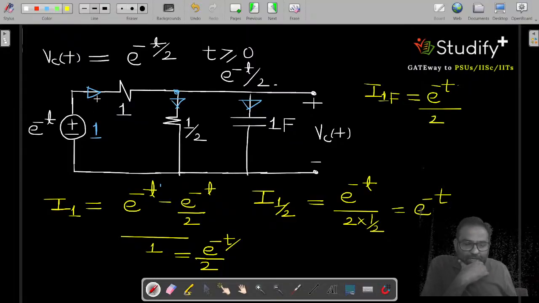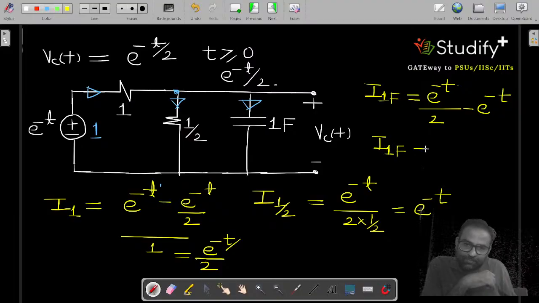Incoming current is e to the power minus t by 2, and the current going in this branch is e to the power minus t. So the current in the 1 farad capacitor is given by minus e to the power minus t by 2.